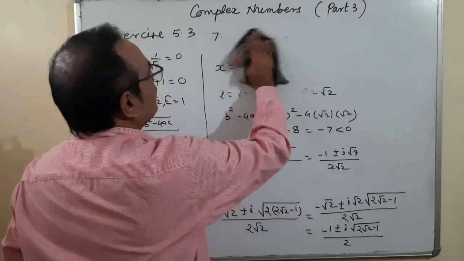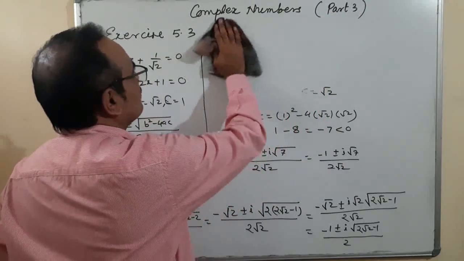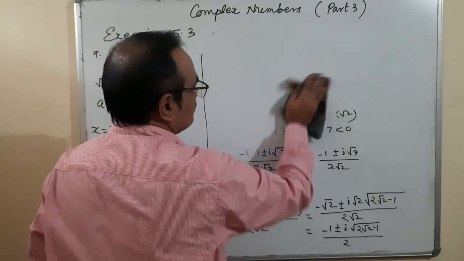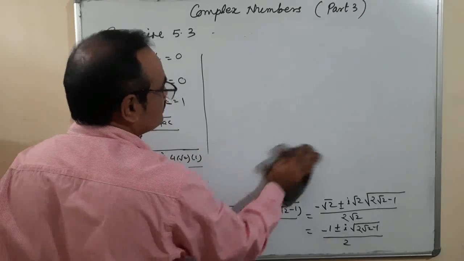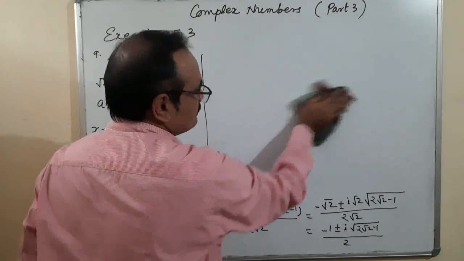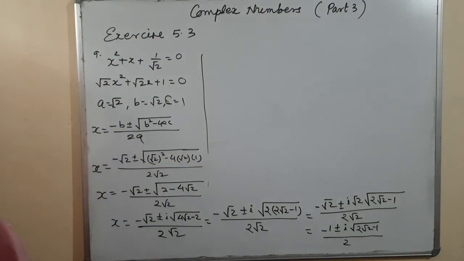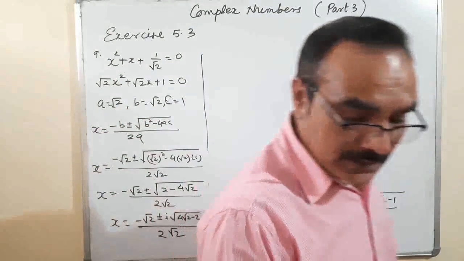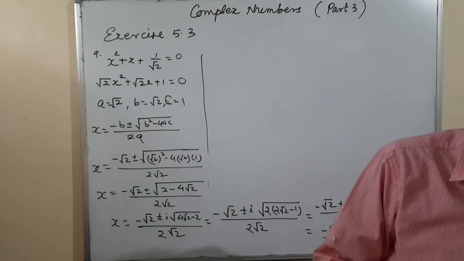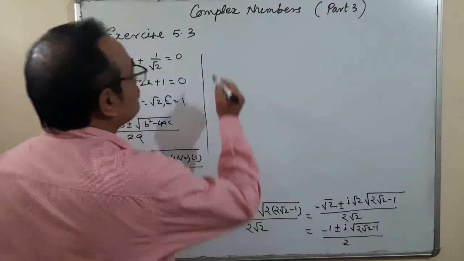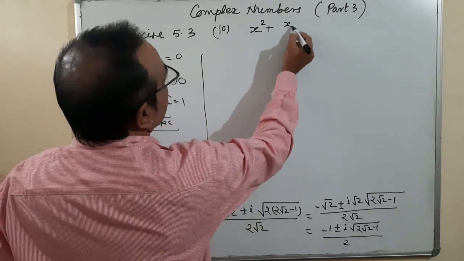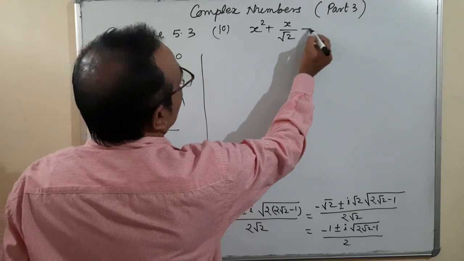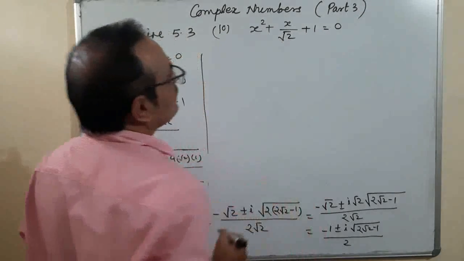One more question I am taking from this exercise, and that is question 10: x square plus x upon root 2 plus 1 is equal to 0.